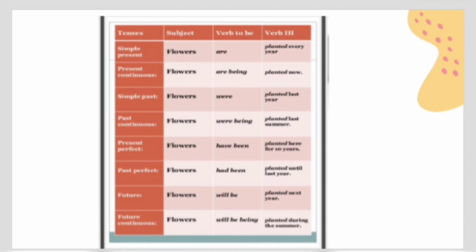From the slide, we can see that there are tenses, subject, verb to be, and verb 3.